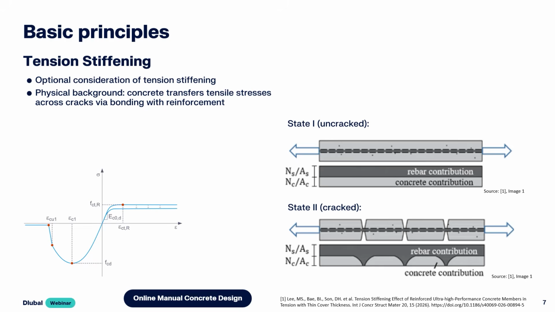Once cracking occurs, in the truly fully developed crack state, the full load transfer would occur through the reinforcement alone. However, we have certain discretization here, as well as intermediate states. For realistic behavior, a contribution from the concrete between cracks must therefore be assumed in the initial cracking range. This contribution is what we call tension stiffening.